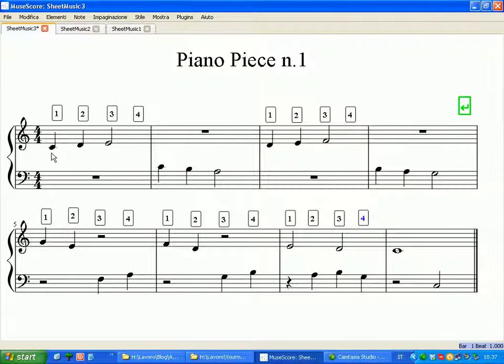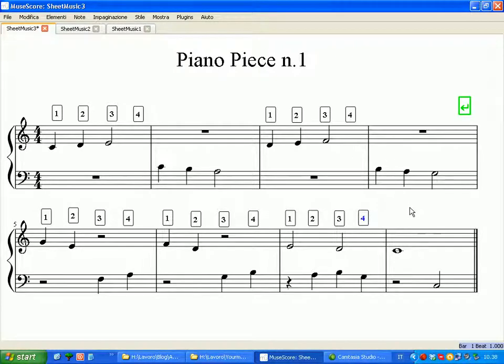Before we go on, we could say something that we have forgotten to say. First of all, as you have seen, I have talked only about the higher stuff, the right hand stuff. In fact, I only spoke about the first of the two staves, and this is quite important.